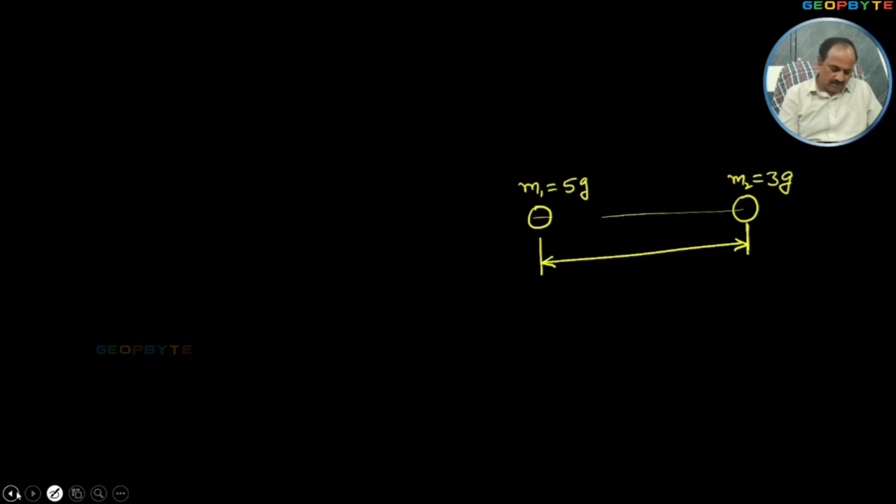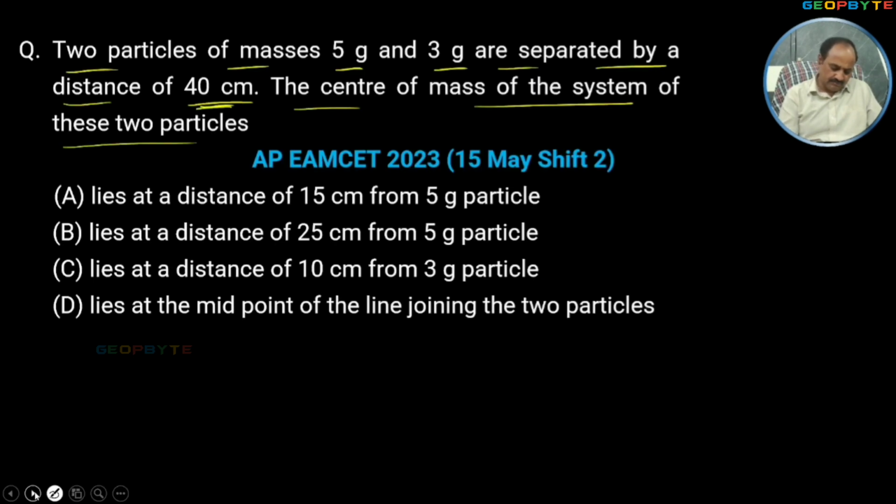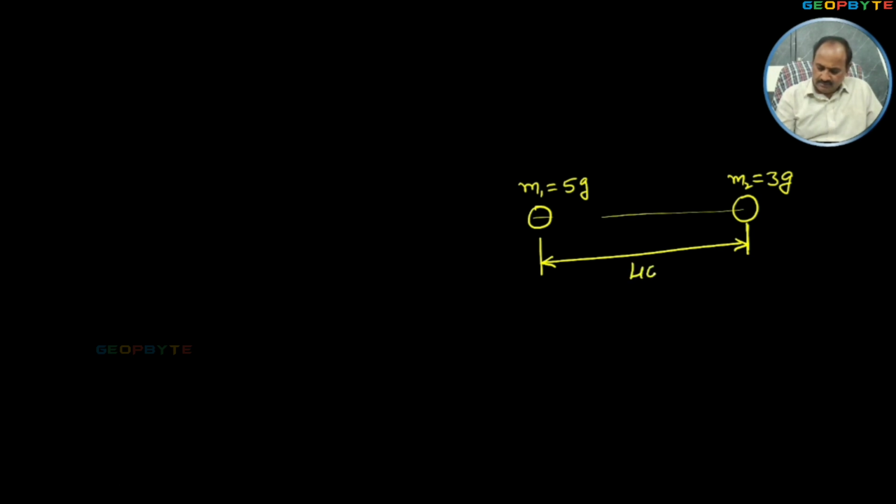That particle has mass m1 equal to 5 grams, and this is the other particle of mass m2 equal to 3 grams. These two are separated by a distance. How much is it given? 40 centimeters. Now, this is particle 1, particle 2.